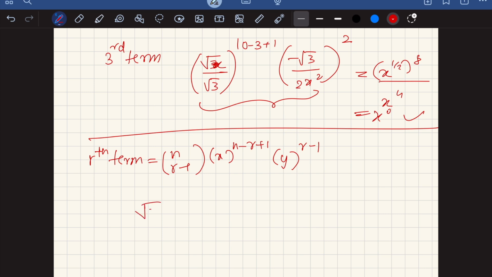And if you look at the coefficient, those of you who need to leave, please feel free to leave. That's not an issue.